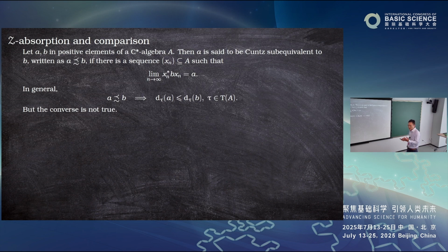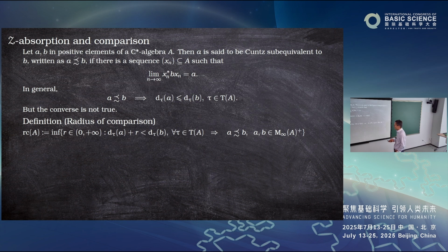In the matrix case, it is true. But for general C-star algebras, the converse is not true. Because look at this side: this side is really talking about A being topologically dominated by B. But this side is talking about A being small measure theoretically. The rank is really a measure. So in general, the converse is never true.